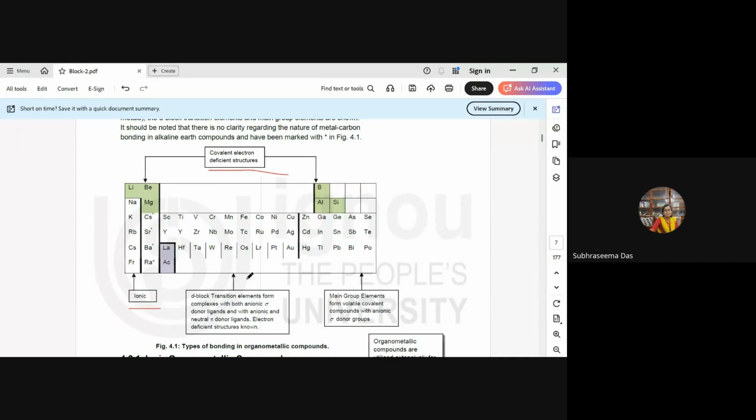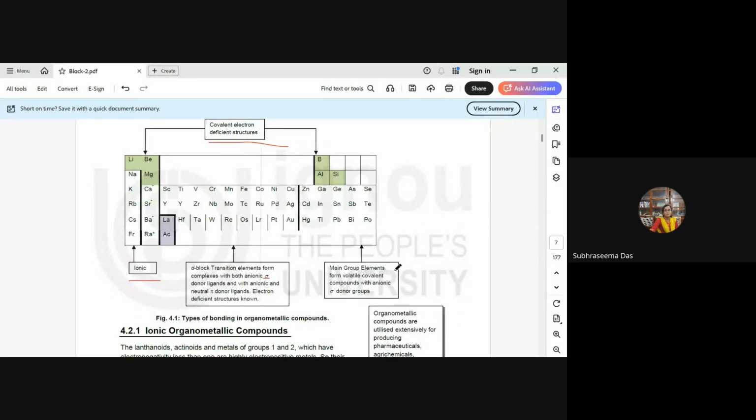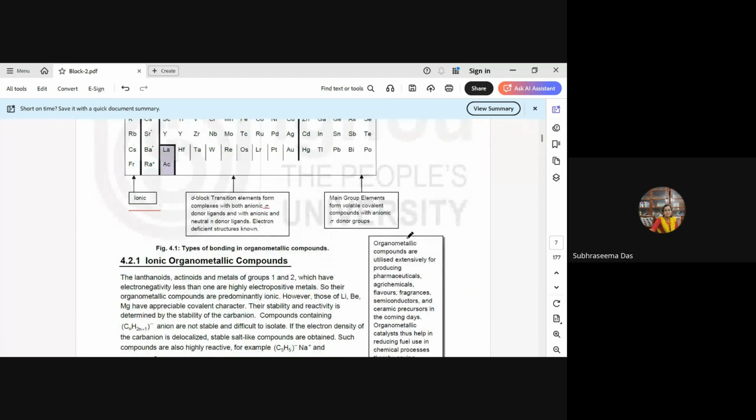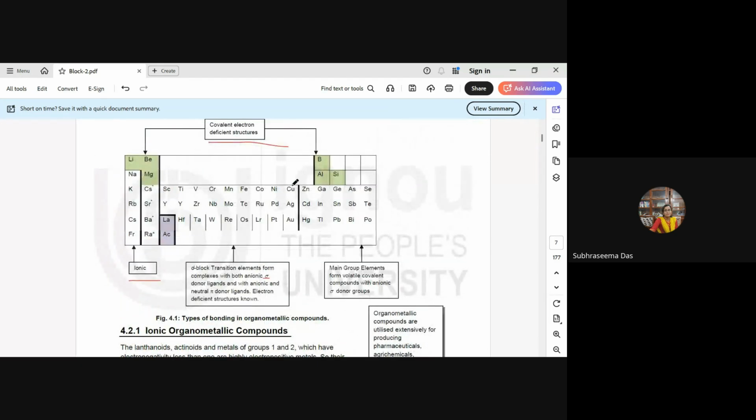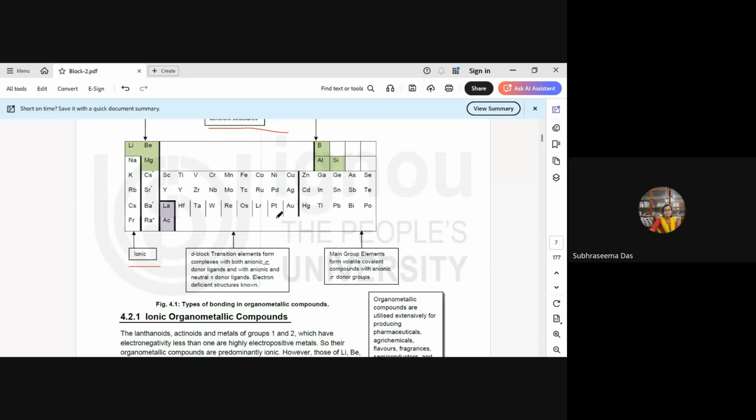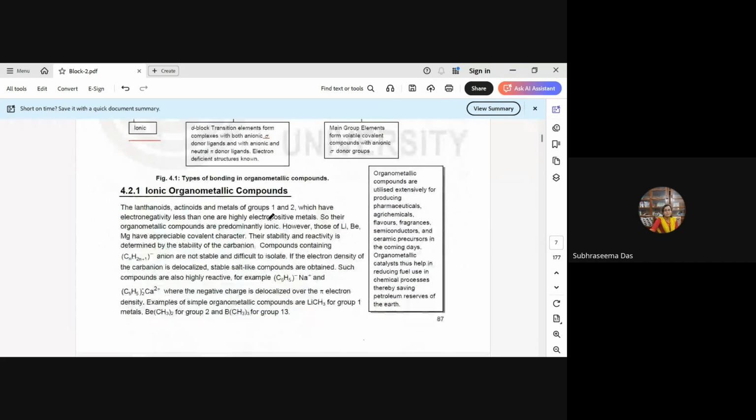The d block transition elements form both anionic sigma donor ligands and anionic and neutral pi donor ligands. Even electron deficient structures have been known from the d block elements. The main group elements form volatile compounds with anionic sigma donor groups. So this is how a classification of the different types of bonding in organometallics has been done.